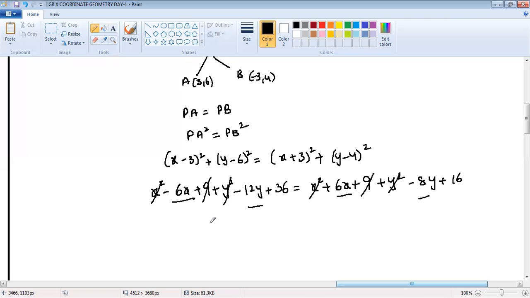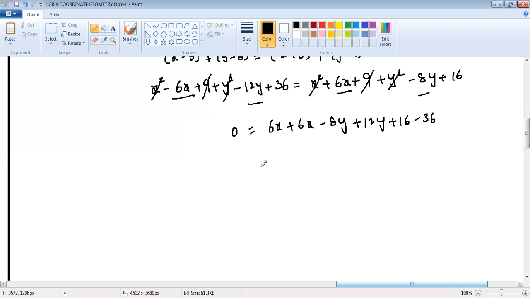So if you wish, you can carry minus 6x to the other side. Okay, 0 is equal to 6x plus 6x, minus 8y plus 12y, plus 16 minus 36. Now you get 12x plus 4y minus 20 is equal to 0. You have to divide by 4, then you will get 3x plus y minus 5 is equal to 0.